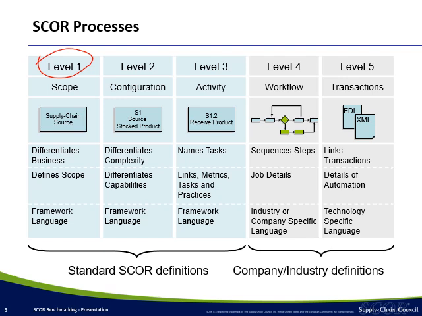So any process can be classified into one of these, and this is called level 1, and it defines the scope of the process. And then within this scope, let's say sourcing, within the sourcing we have different configurations. We have return source stocked items, or source to order items.